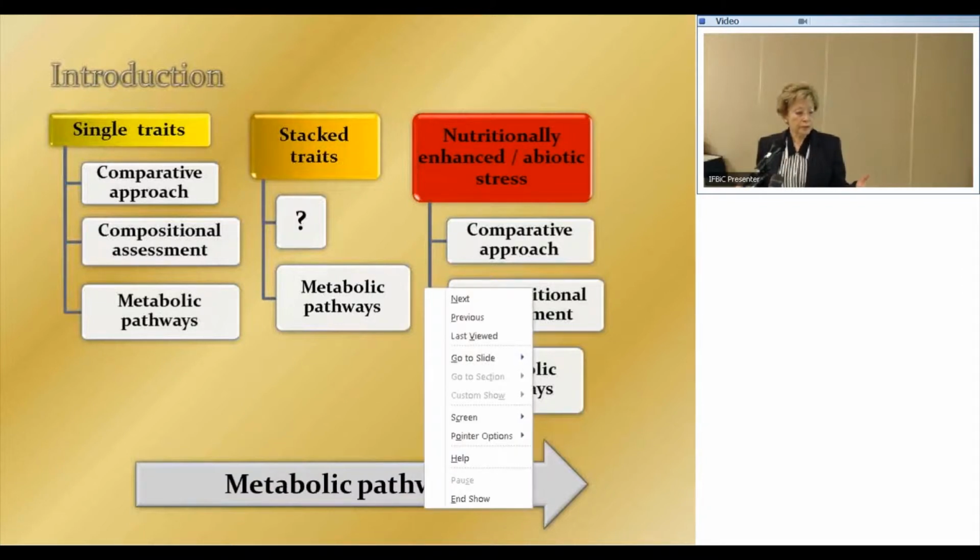In which the comparative analysis we've done so far with single traits, but in some countries it's also required for stacked. And in some countries for stacks, the new trait will be assessed thoroughly, but then nothing else is required.